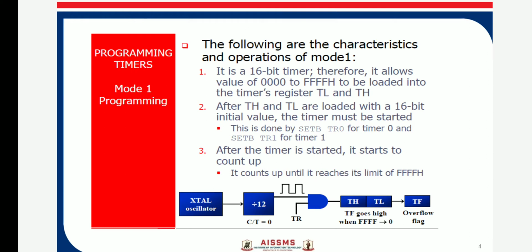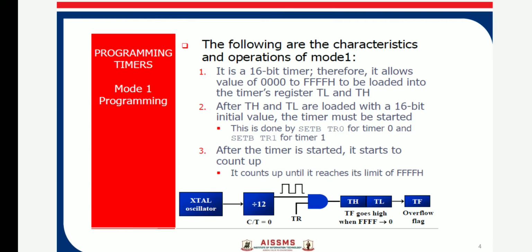After the timer is started, now we have to monitor the limit of the count, the maximum limit of the count. When our counter reaches the maximum limit, in this case suppose it reaches FFFF, then the rollover condition occurs.